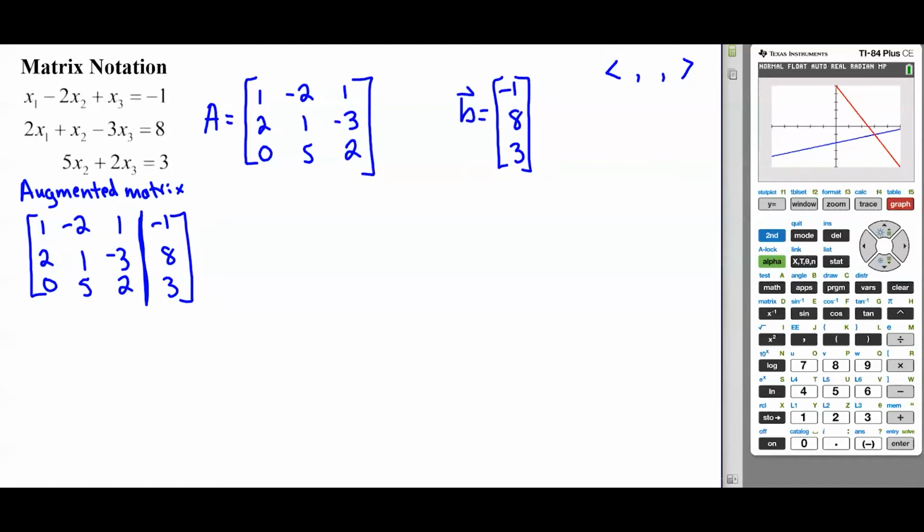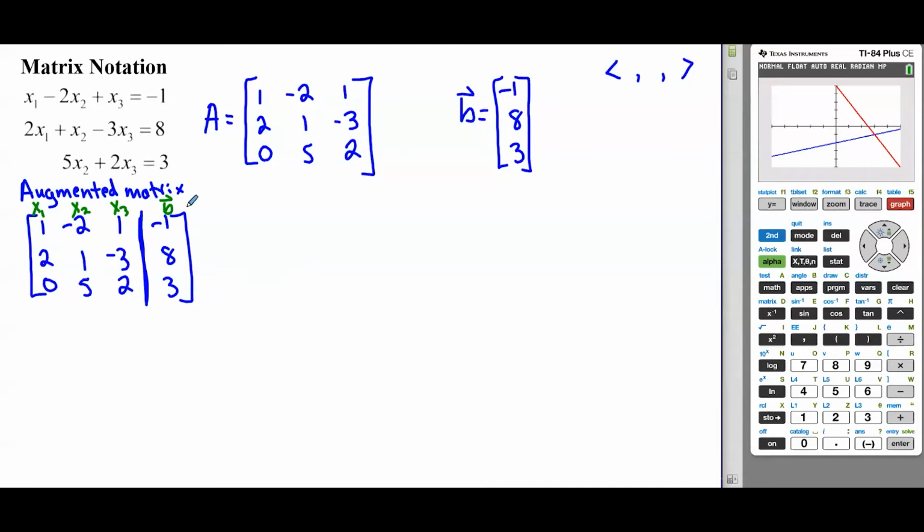We're creating a system that will allow us to solve these without having to worry about the variables. But we're always going to keep track of the variables this way. The first column are the coefficients of x1, the second column are the coefficients of x2, the third column are the coefficients of x3, and the last column is this b vector. And we're just going to remember that.